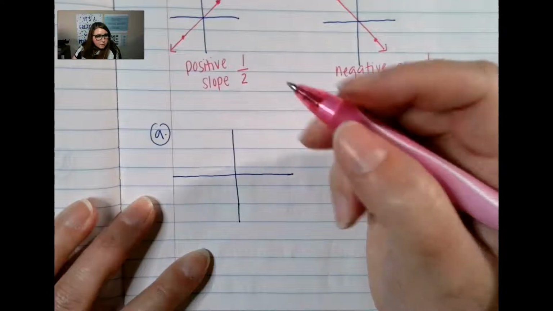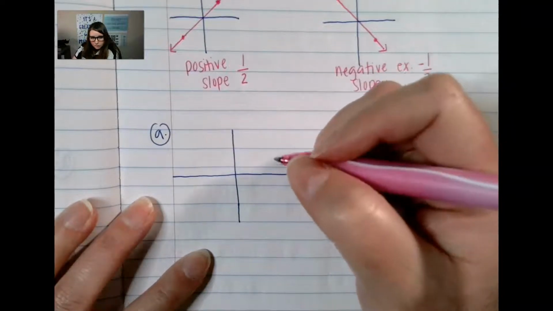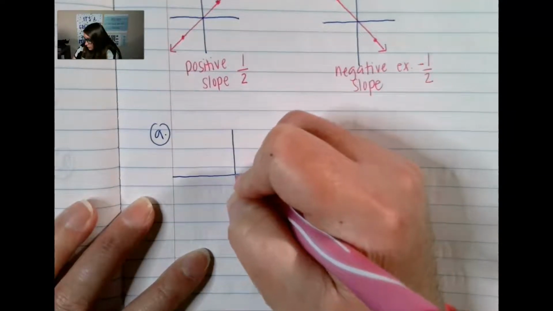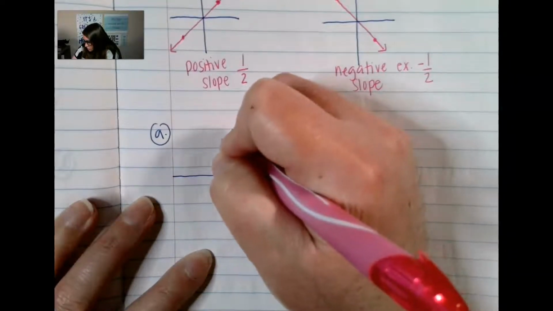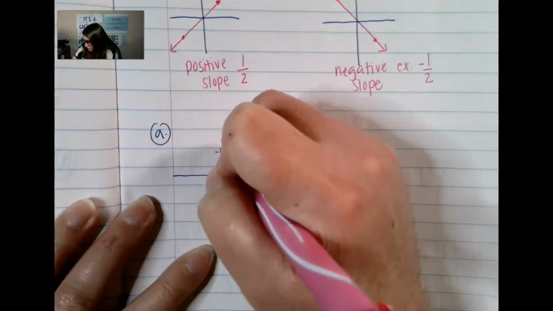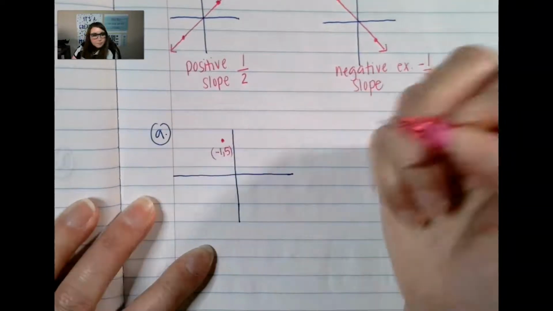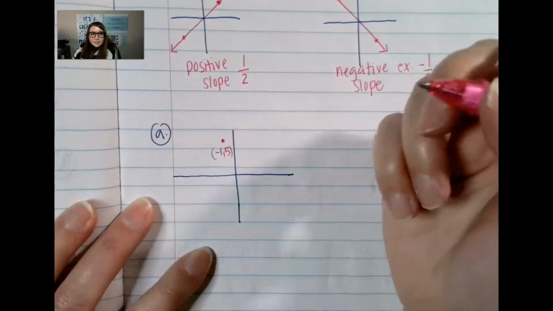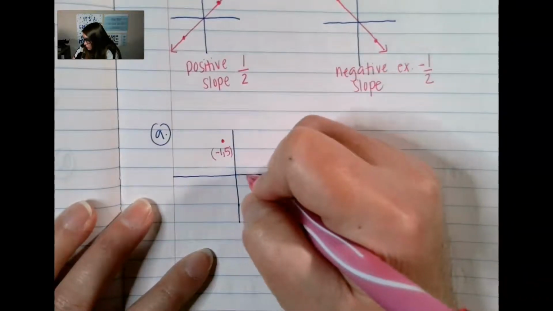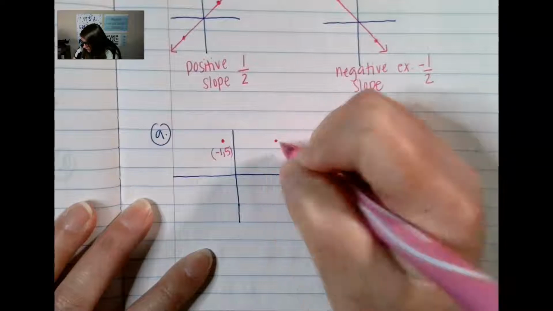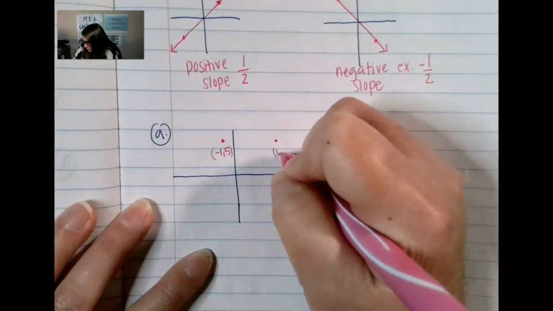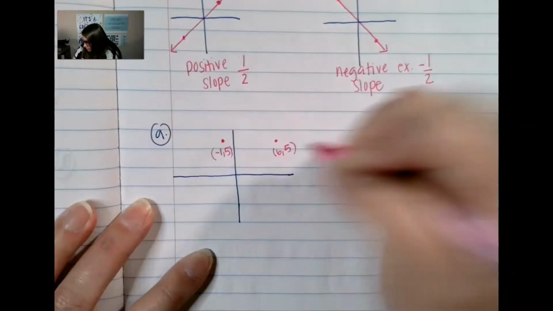And the first point that we have is -1, 5. So we're going to go over to -1 and up to a +5. So -1, 5. And the other point is 6, 5. So over 6, and again, up 5. So we're going to 6, 5.